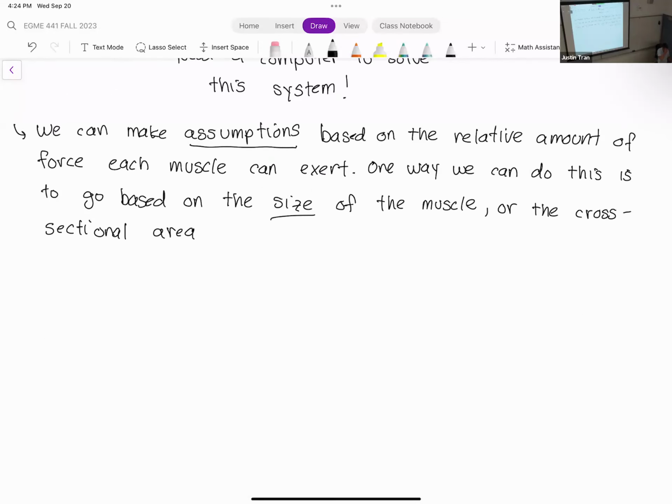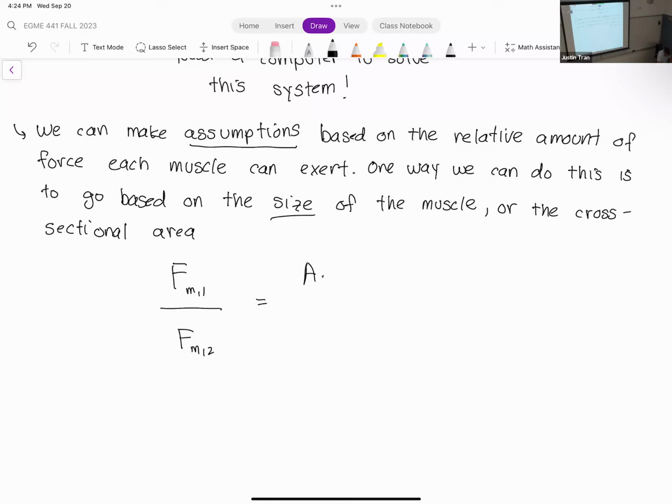In other words, we're going to make a proportionality assumption like this. We're going to say that FM1, the ratio of FM1 to FM2, or in other words, the ratio of the amount of force that the first muscle can exert compared to the second muscle, is going to be proportional to their cross-sectional areas.